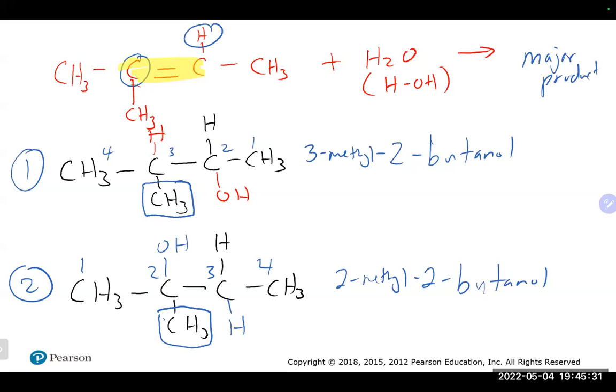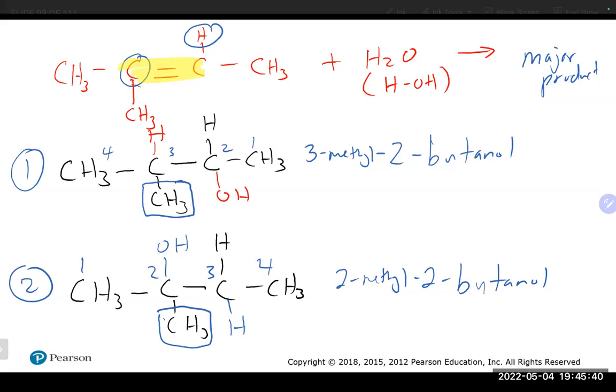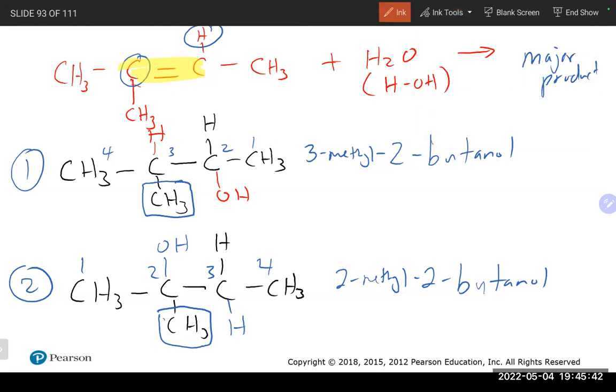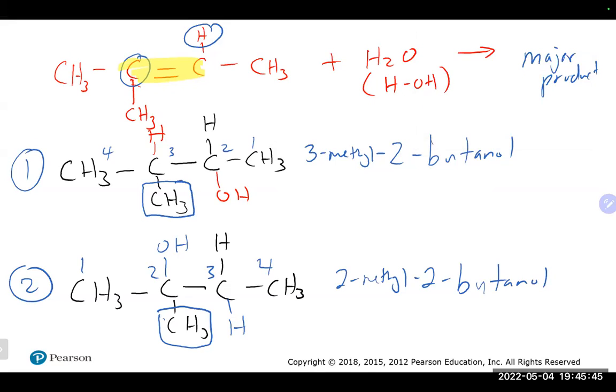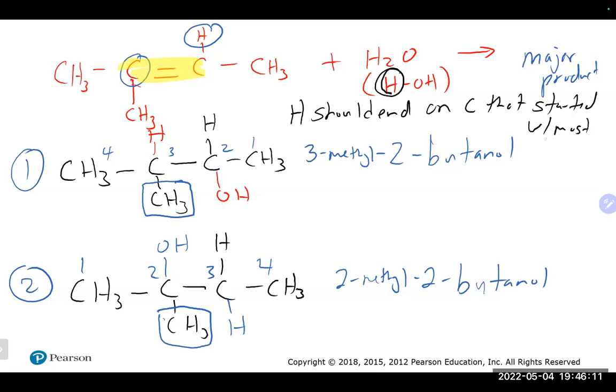And there actually is a rule named Markovnikov's rule. You can reference your book for the proper name of that, but it's Markovnikov's rule. Don't ask me to spell it because I will spell it wrong. But basically his rule was that when you have a double bond and you're adding two things that are different, like water, HOH, or HCl or HBr, the hydrogen we're adding should end up on the carbon that started with the most hydrogens.